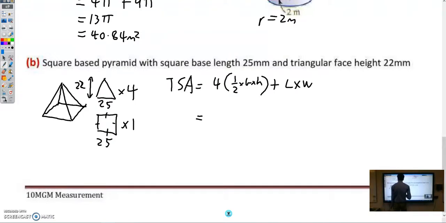So when I put this in, I'm going to have 4 times a half times my base 25, times my height, which is 22, plus the length times width, which is 25 times 25.